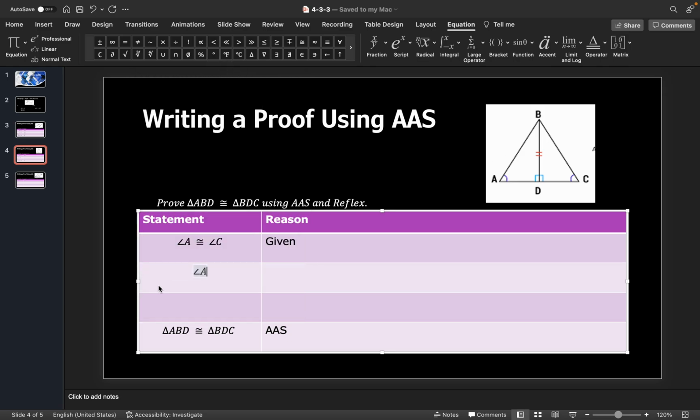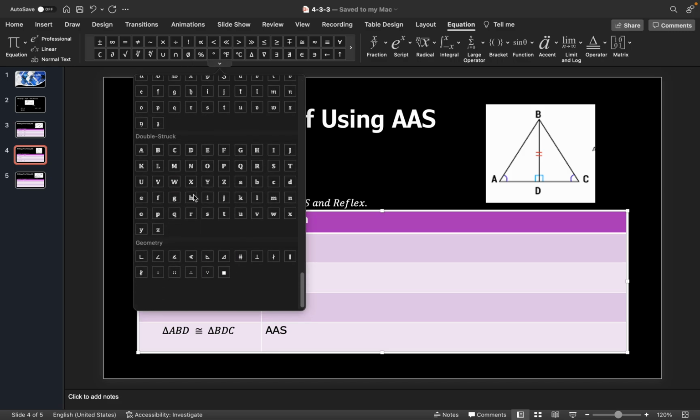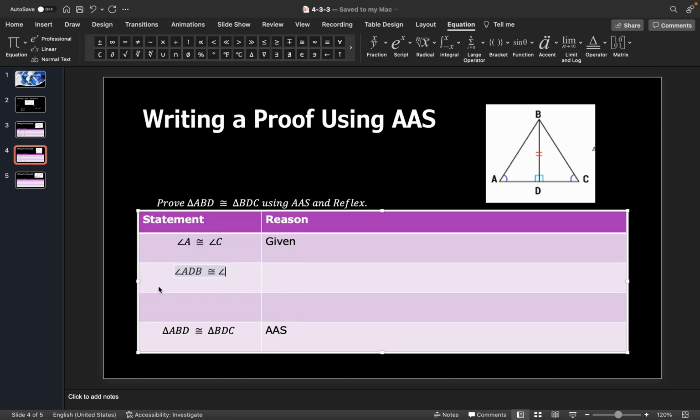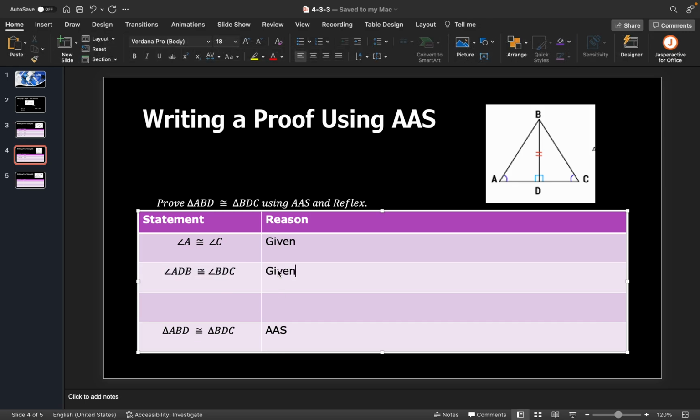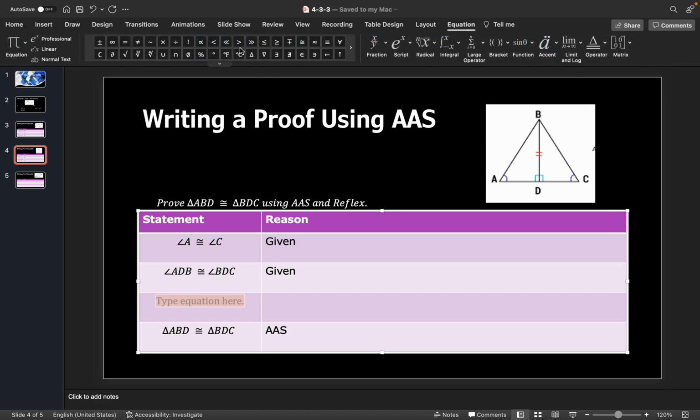Angle ADB is congruent to angle BDC. Okay. That is also just a given statement. So now I need to go ahead and prove this guy here, BD is congruent to BD. I can say that, but it's not just given in the picture. Let me go ahead and use my equation tool. Oops, I need to come over here.